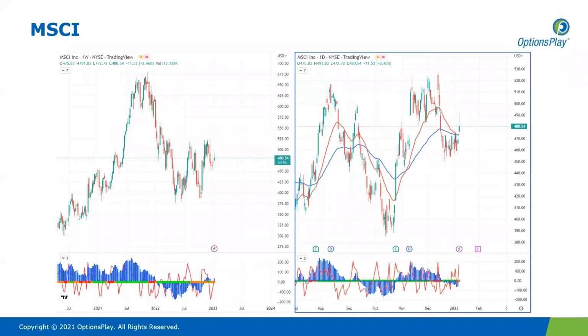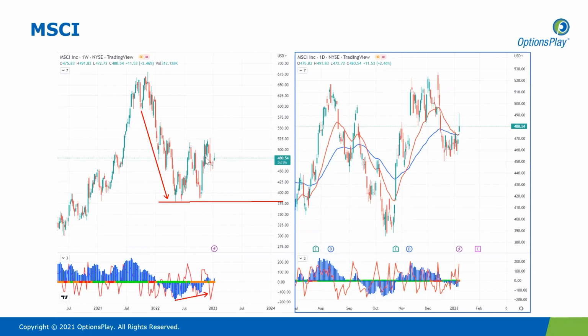Okay, moving on to MSCI. This is a bullish idea that I had on my watch list for a few days now, and I really wanted to see price break above the 21 and 55-day exponential moving averages, which is what we are seeing. Before we get into that, on the weekly time frame, we saw a significant decline through 2022, finding support at 375, with multiple bounces from that support level and positive divergence.